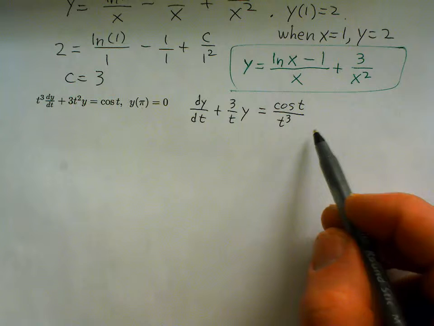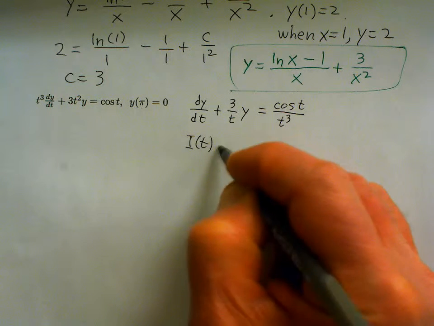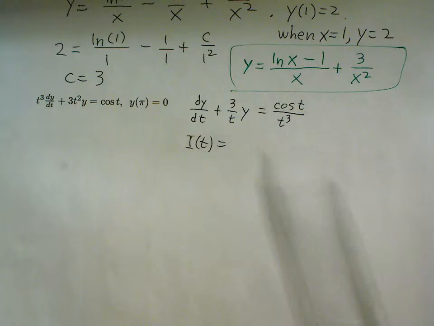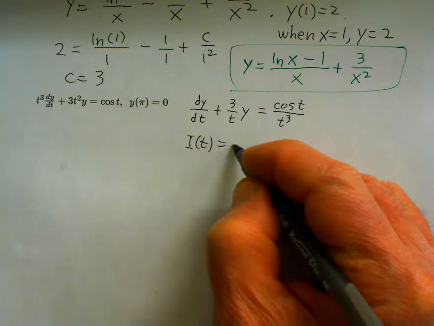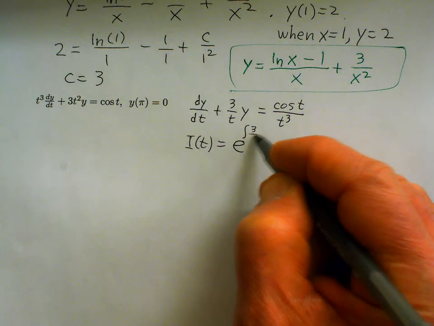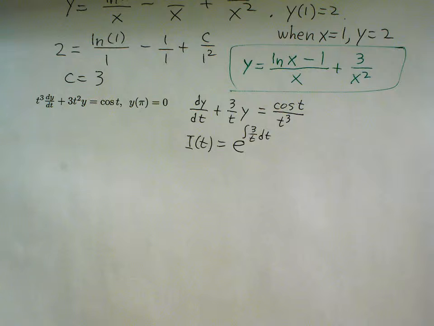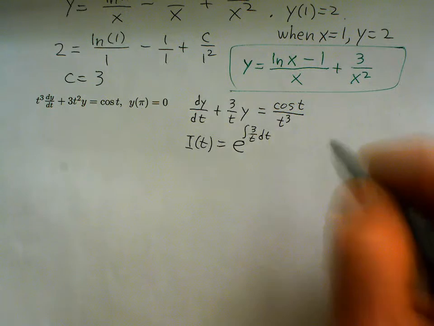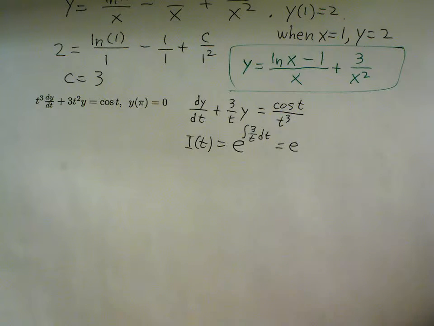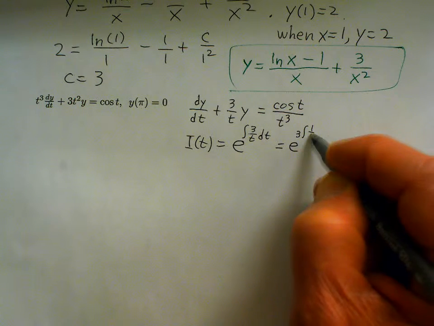To find the integrating factor, we're going to write e to the integral of 3 over t dt. Okay, this can be written as e to the 3 times the integral of 1 over t dt.